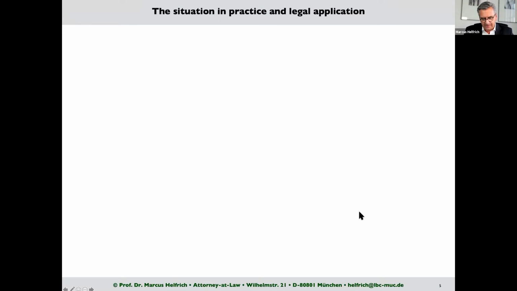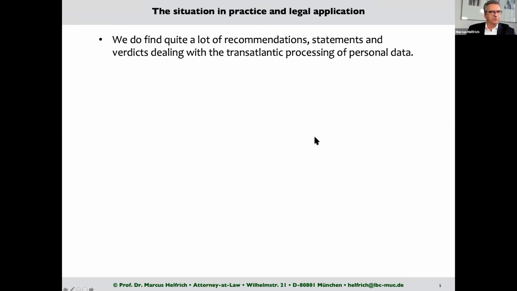So what should we think about a little bit more seriously? On one side, we have the activities issued by the European institutions. On the other side, there is the question, what's the reality in the application of data protection?